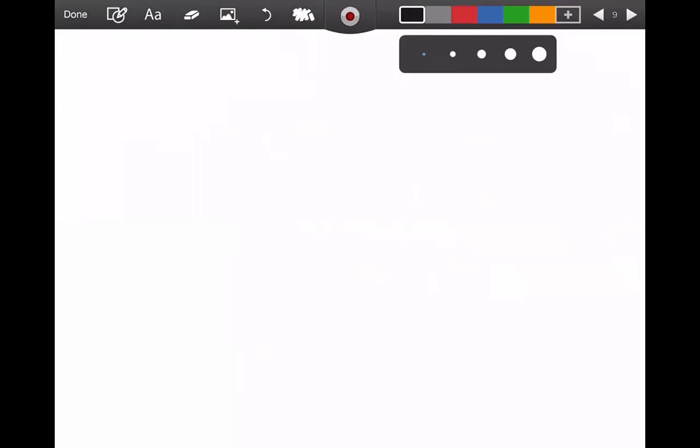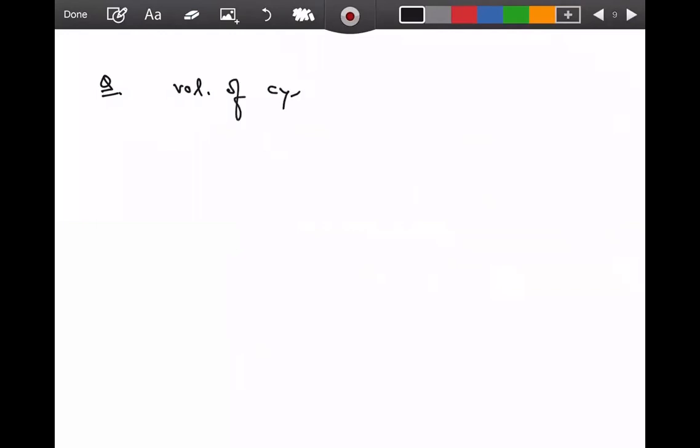For example, yes. So there was a question. I was solving a math paper. It says find the volume of a cylinder whose radius is 31.5 centimeter and whose height is 16 centimeter. And pi ka value should be 22/7.